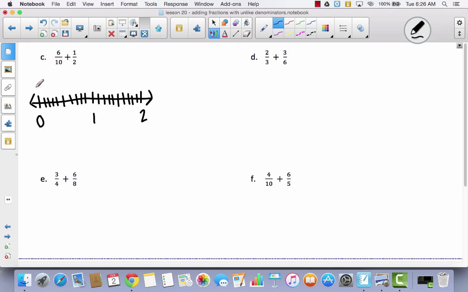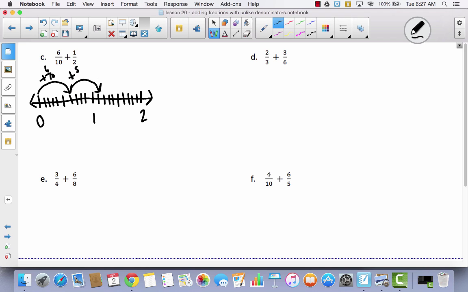Okay, so I'm going to start by counting over 6/10. So I've got 1/10, 2/10, 3/10, 4/10, 5/10, 6/10. So I do this. So here's 6/10 plus 6/10. Now if I'm going to add 1/2, how many tenths are in 1/2? That would be 5/10, right? So I've got 1, 2, 3, 4, 5/10.